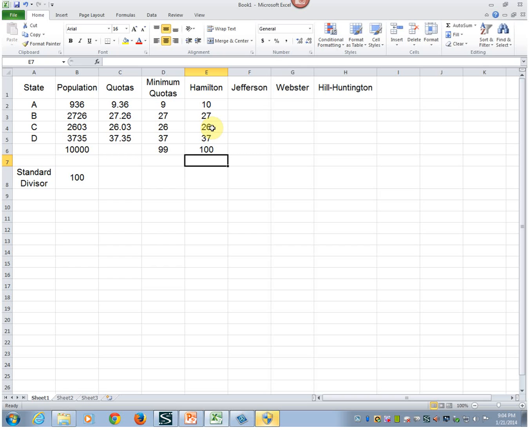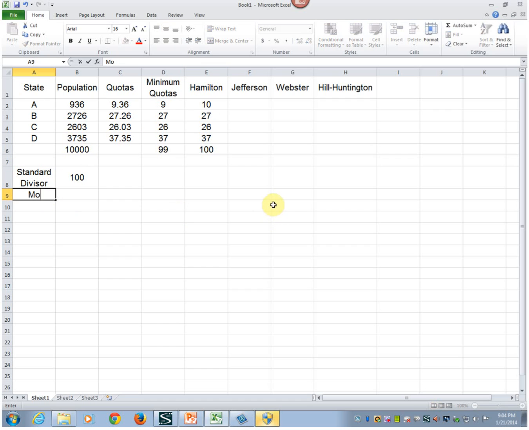Now, some of our other methods require modified divisors. Actually, all the rest of them will require modified divisors and modified quotas then because of that.